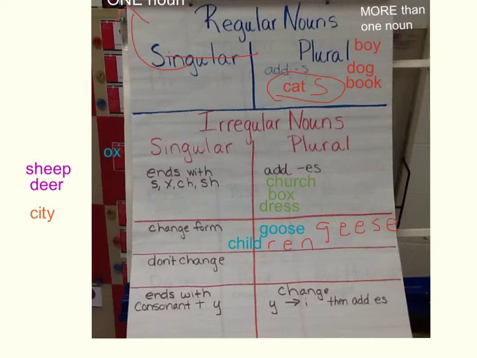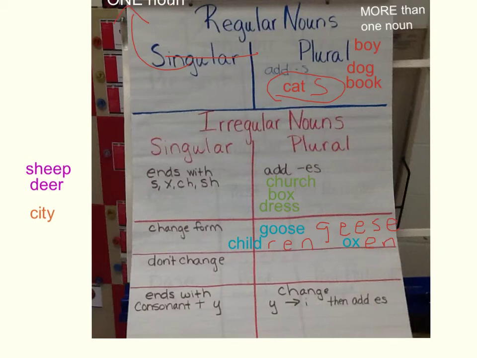Now you would think ox would need to be up here. It ends with an X, so we should say oxes. But that's not right either. We change that to oxen. Very different. Lots of those are hard to get used to. Those come with some practice.